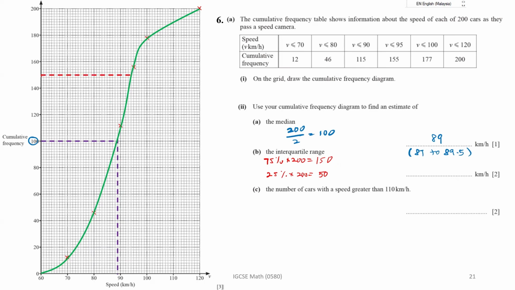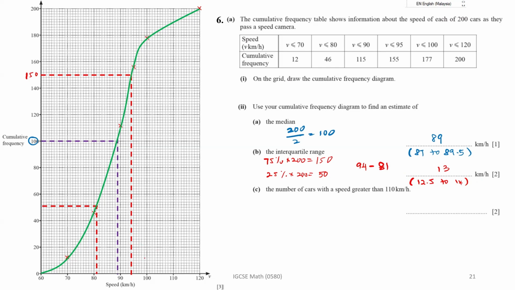So this is 150. Check, you get 94. This 94 minus, this is 81. So you get 13. Your answer should be between 12.5 and 14. Make sure it's within this range.